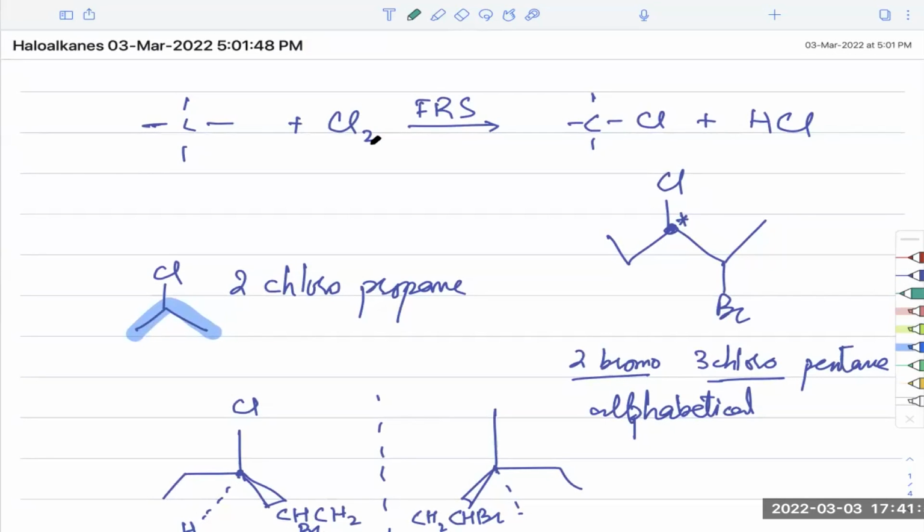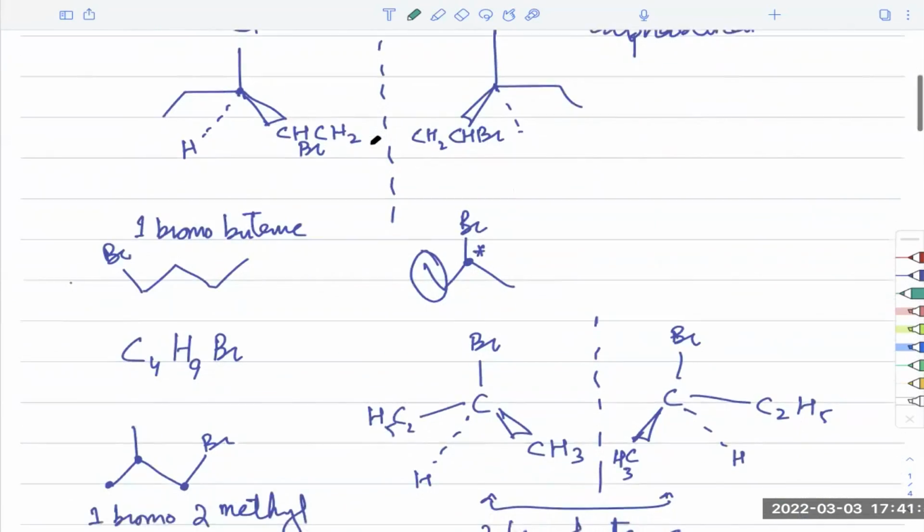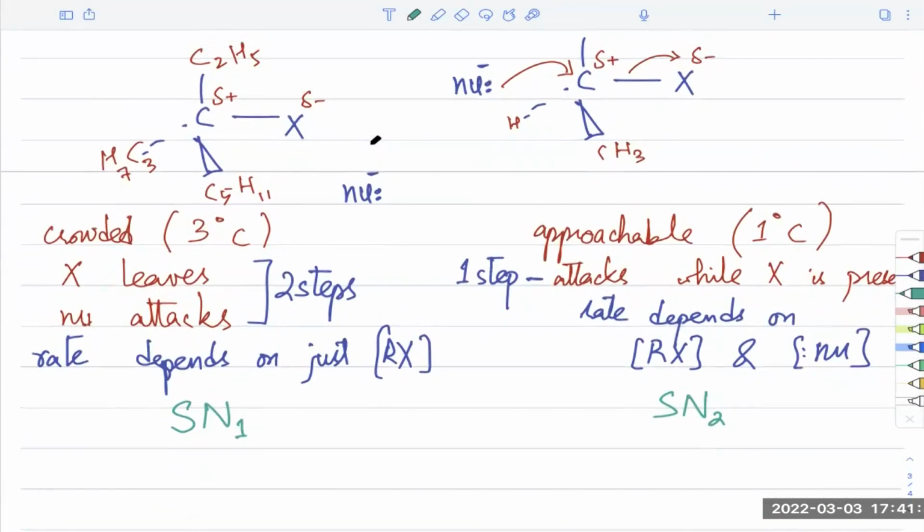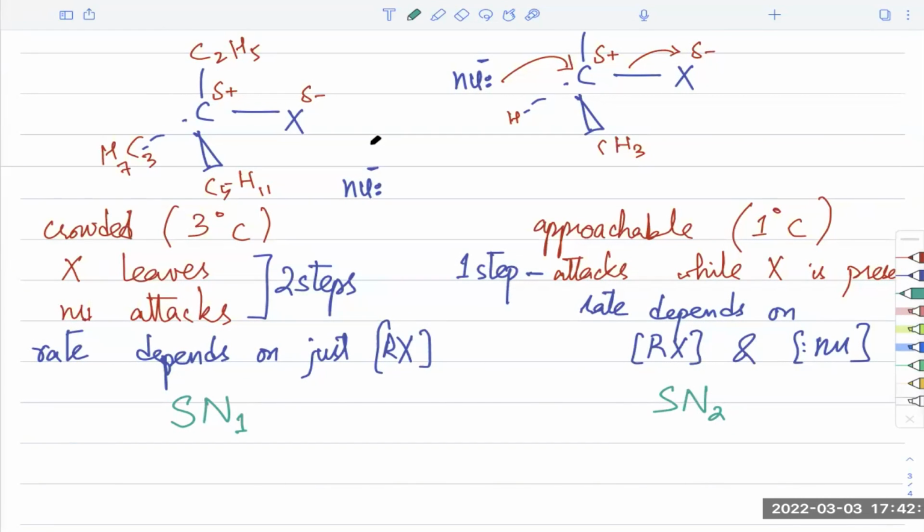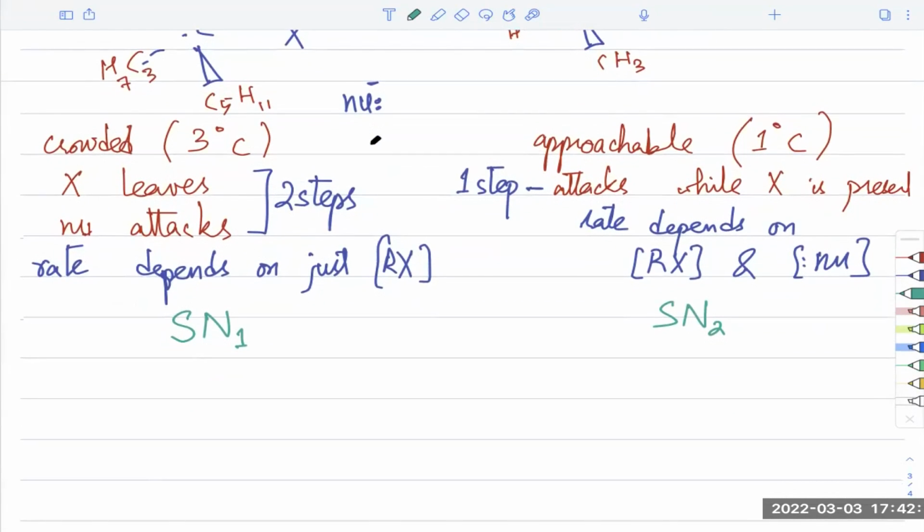Free radical substitution. The kind of reaction is substitution, and free radical is the particle involved. Over here, it's the nucleophile that's the particle involved, and this is substitution. So we call it nucleophilic substitution. SN is nucleophilic substitution, or you can also call it substitution of nucleophile. And 1 and 2 tell me what the rate depends on. Does it depend on just the concentration of haloalkane, or does it also depend on the nucleophile? So these are the two ways in which this happens.